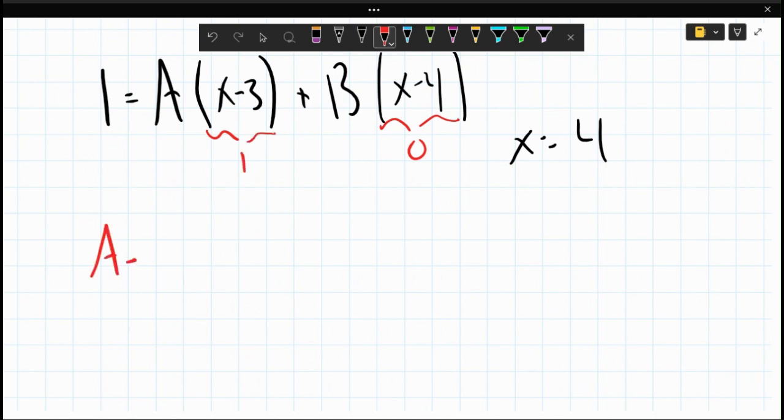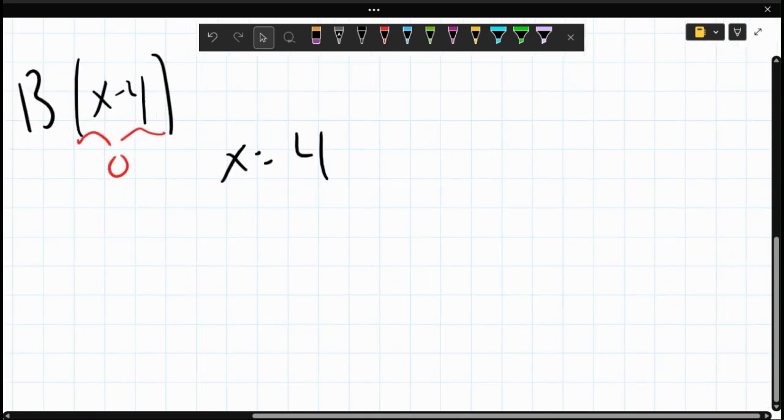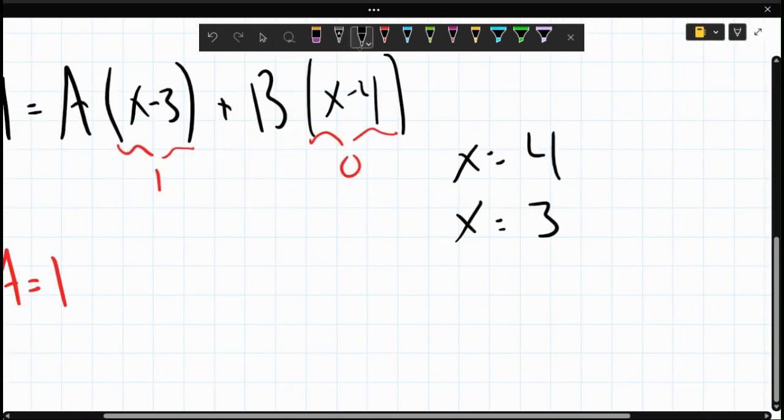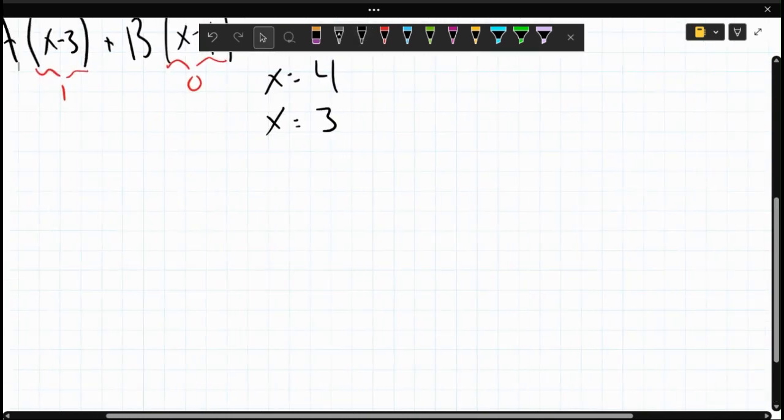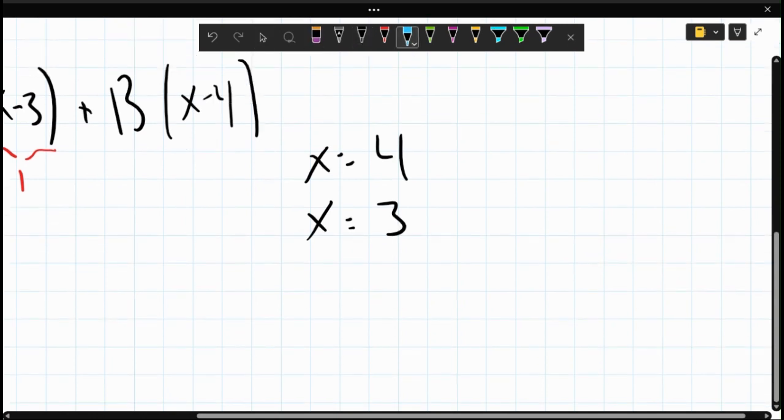So that's easy. A is equal to 1. And then the next one that you do, if we let x equal 3, so this cancels, this will be equal to negative 1.